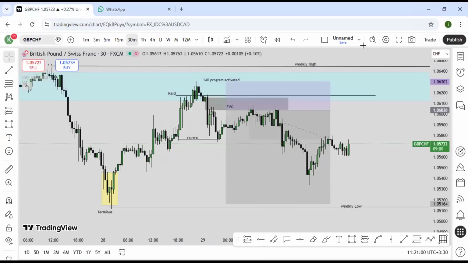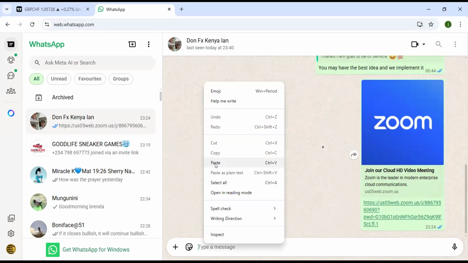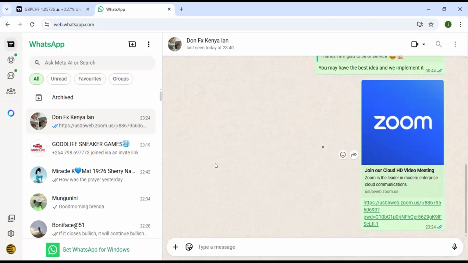Why is it not pressed? Yes, I can hear you now. Hello. This was the setup I shared during Zoom. Sorry, I talked about it during Zoom, but I already shared it in the group. I don't know why it is not pressed in here.